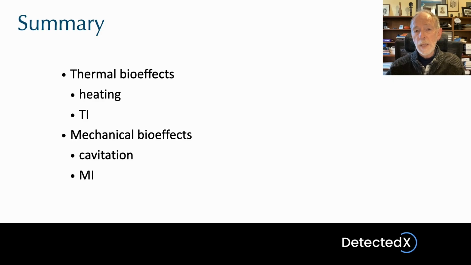Then, under the heading of mechanical bioeffects, the important, potentially dangerous bioeffect is inertial cavitation, and this is characterized by the mechanical index, and the mechanical index tells us whether or not it is possible for inertial cavitation to occur. In the next talk, I will talk about how do we know what are safe levels of the thermal index and mechanical index, and how do we make sure that we're using ultrasound responsibly and safely.